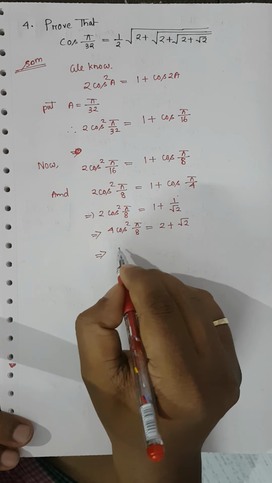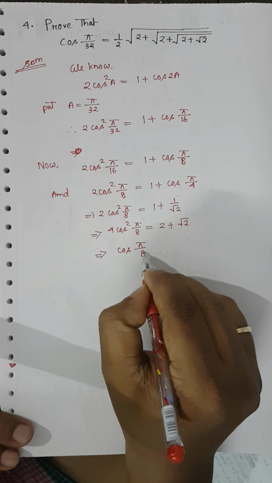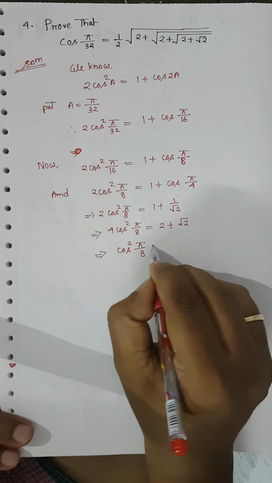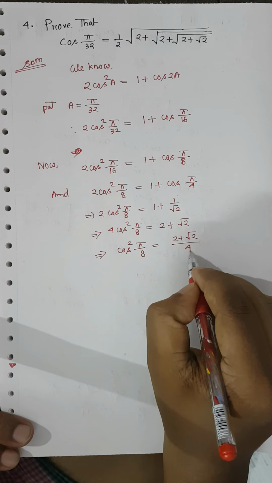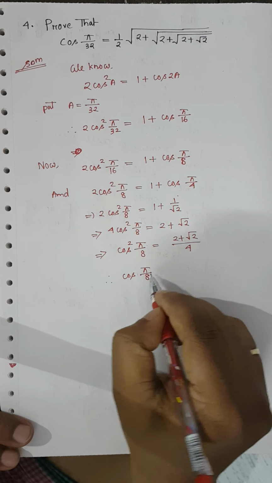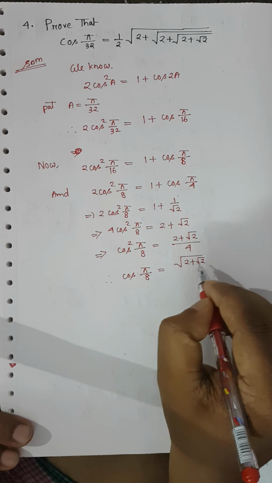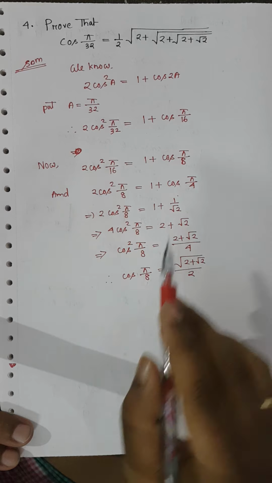So the value of cos square pi by 8 will be is equal to 2 plus root 2 by 4. Now if I take square root, it will be is equal to positive value root over of 2 plus root 2 by 2. Now I will put the value of cos pi by 8 here.